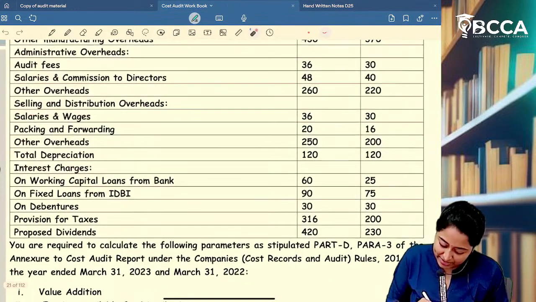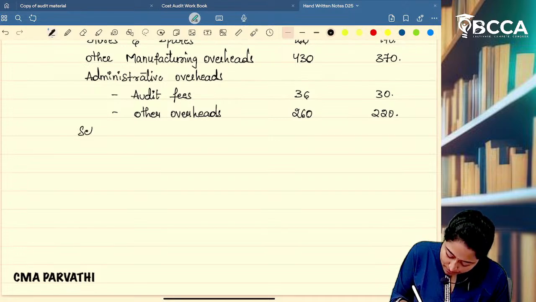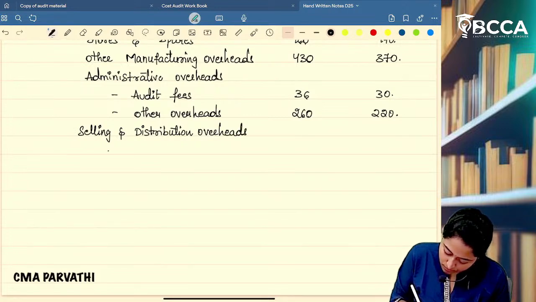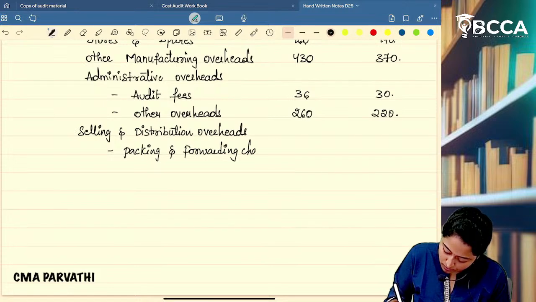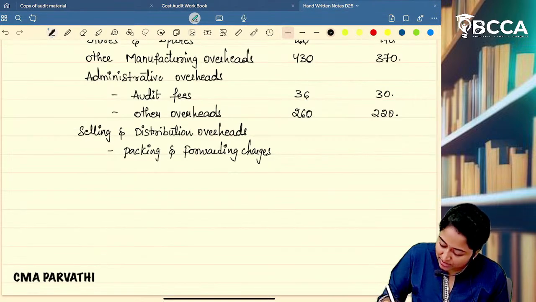And then selling and distribution overheads, packing and forwarding charges, 20 and 16.